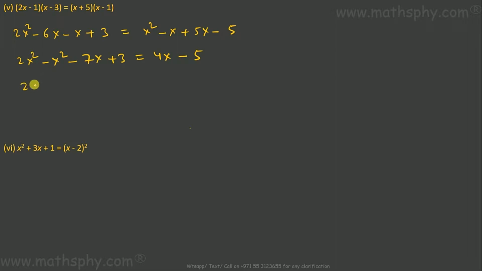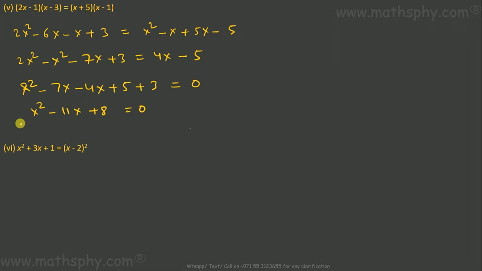So 2x squared minus x squared gives you x squared, minus 7x minus 4x plus 5 plus 3 equals to 0. This 4x minus 5 comes this side, becomes minus 4x plus 5. So this is x squared minus 7x minus 4x, 11x plus 8 equals to 0.